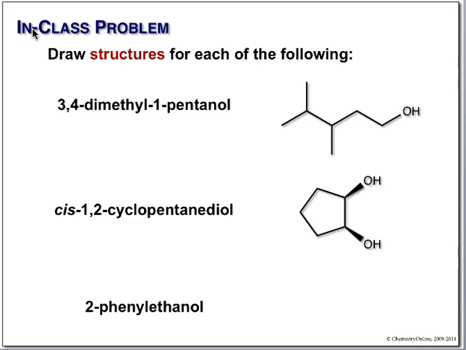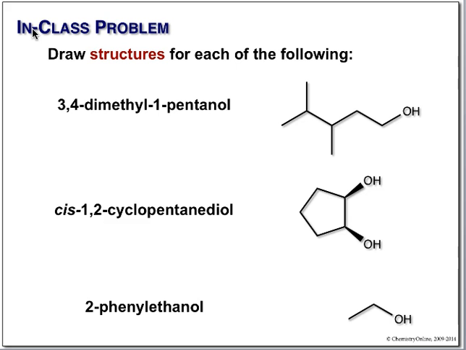Our last one, 2-phenyl ethanol. All right, ethanol is a 2-carbon chunk, isn't it? It must have the OH group attached to one end or the other. So this is ethanol. By definition, this must be carbon 1.